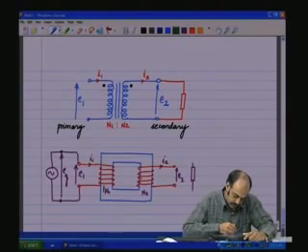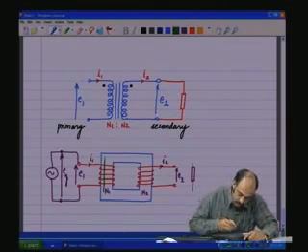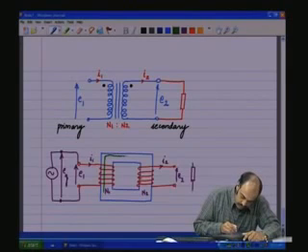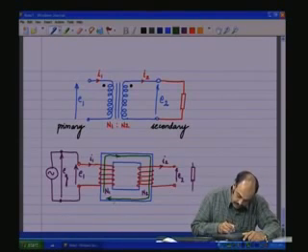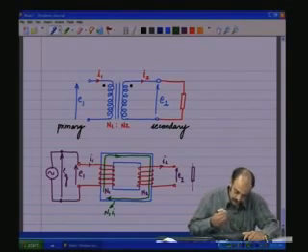generates a flux due to the ampere turns. And let us say this is N1 I1.